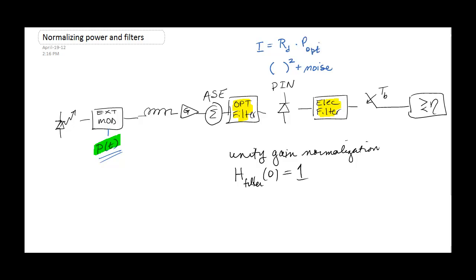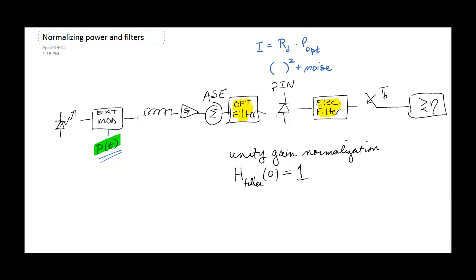What this is really saying is that there's a proportionality which exists between the average optical power into the photodiode and the average electrical power generated by the photodiode, and that RD, the responsivity, gives this figure of proportionality. So we want to make sure to respect that.